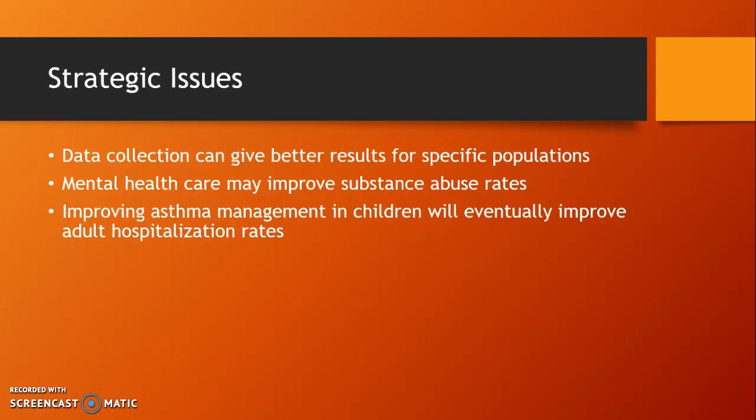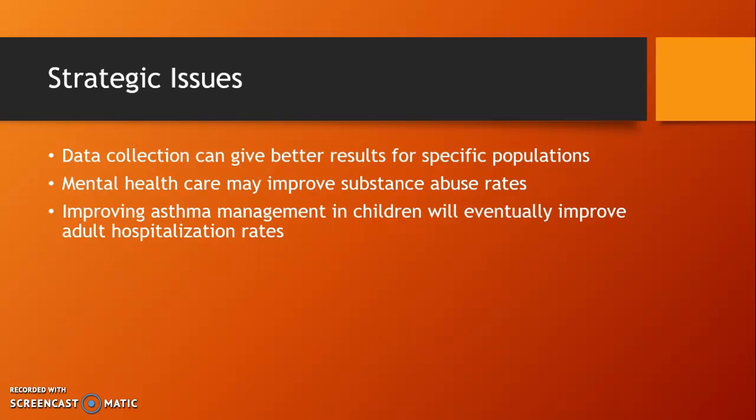So when you look at the strategic issues, you have several things that you have to consider. You have to consider whether or not a certain priority that you've identified has the ability to be improved. But you also have to consider whether or not you have intersecting issues. One of the things that intersects all throughout this process is data collection. If you get better data, you have the ability to give better results for the specific populations.